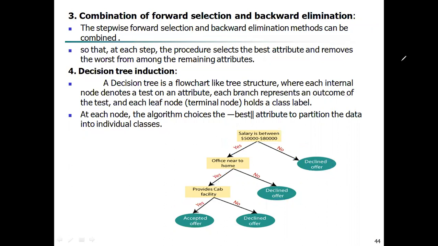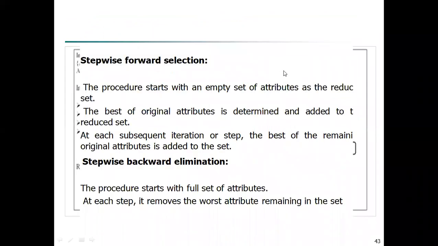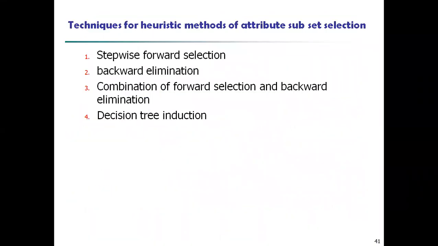These are the 4 methods of attribute selection: stepwise forward selection, backward elimination, combination of forward selection and backward elimination, and decision tree induction. This is it.